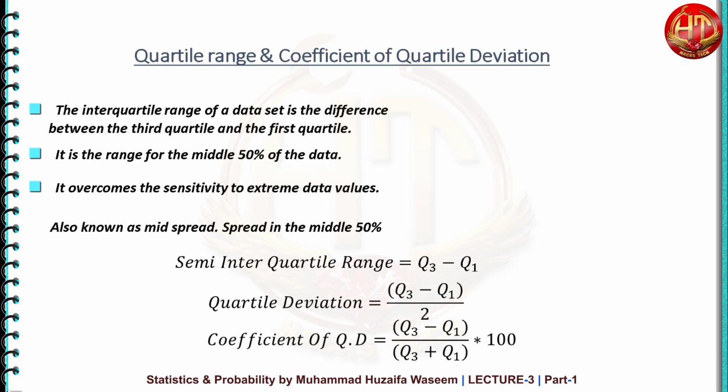It overcomes the sensitivity to extreme data values. So the quartile range covers 50% spreadness of the given data. And then you can calculate semi-interquartile range, quartile deviation and coefficient of quartile deviation with the help of the following formulas.